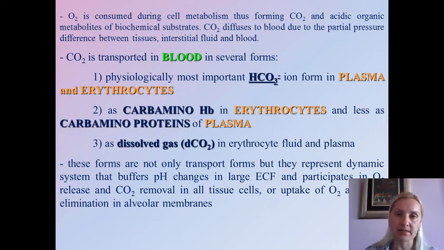And again, like we emphasized for oxygen, these carbon dioxide transport forms are not only transport forms, but they rather represent a dynamic system that is capable of buffering any change in pH of extracellular fluids, and also it participates in oxygen release and oxygen binding to hemoglobin.